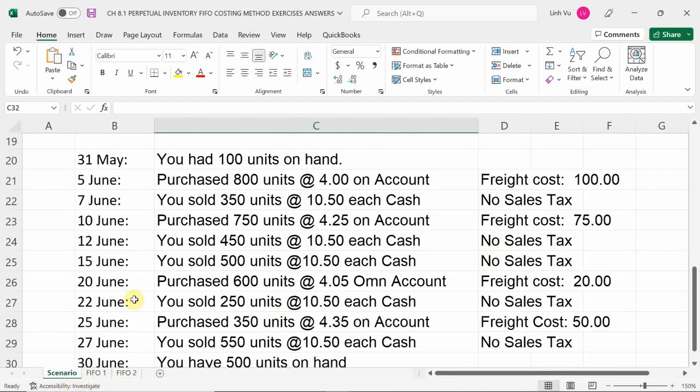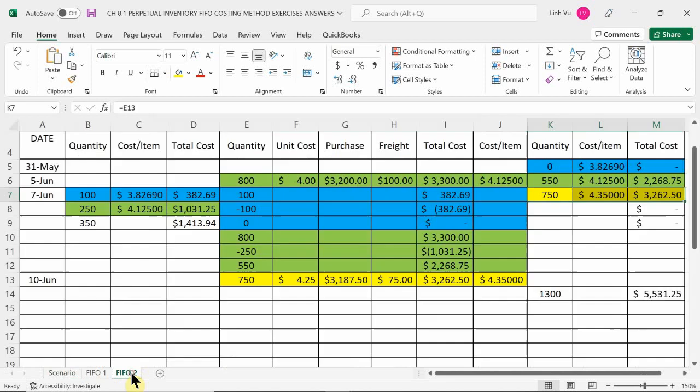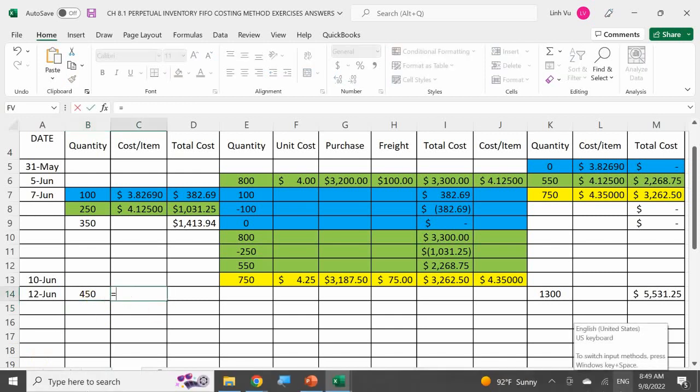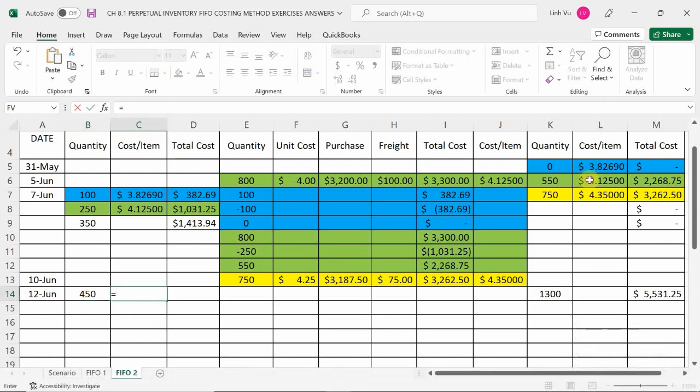June 12th, you end up selling 450 units. So let's take a look. I got 550 left in my green batch. So is that enough to cover all 450 units? Yes. So in this case, my green batch cost per item is $4.125.